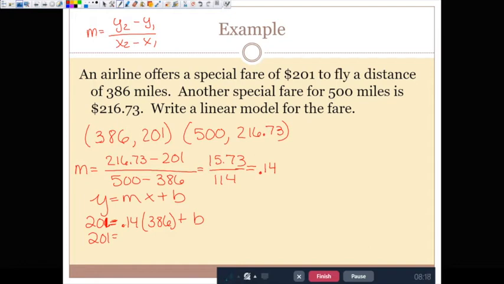How much is that? 54.04. Then I'm going to subtract 54.04 from both sides. And what does my b equal? $146.96.